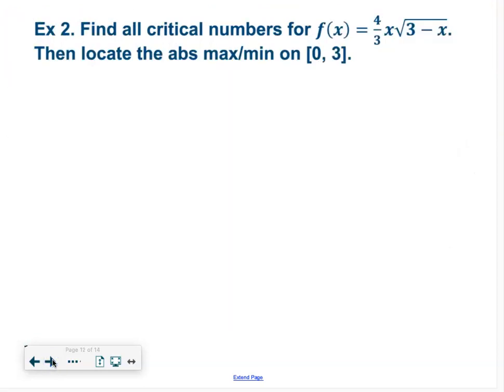All right. So we're going to do this one because this one has some really good algebra in it. Okay, what rule are we going to have to use for the derivative? Product and chain, right?